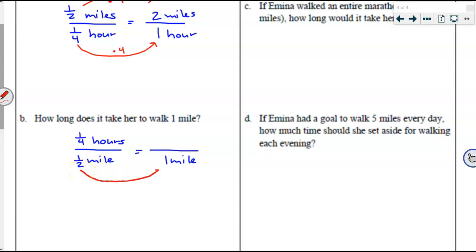And just using that same reasoning as last time, how can I change that to a 1? Yes, I can still divide by 1/2. Can be messy. But if I just multiply it by 2, 2/2 makes 1 whole. So multiply by 2. Multiply the top part of that reciprocal by 2. 1/4 times 2 ends up being 1/2 of an hour. So it'll take her 1/2 of an hour to go 1 mile, or she can go 2 miles in 1 hour.